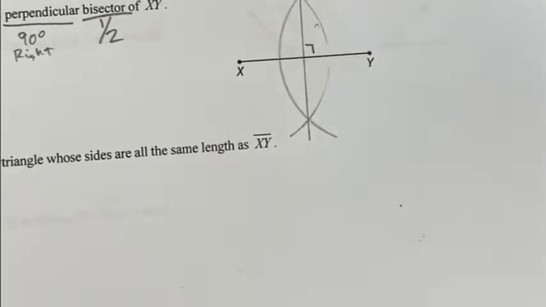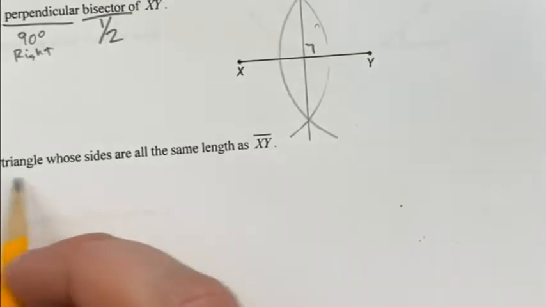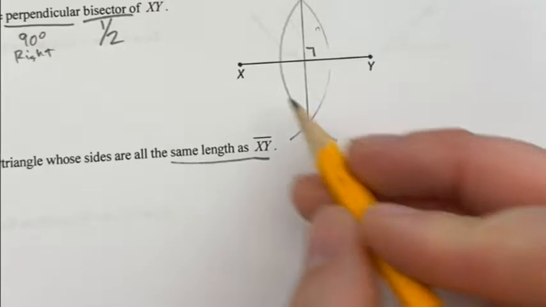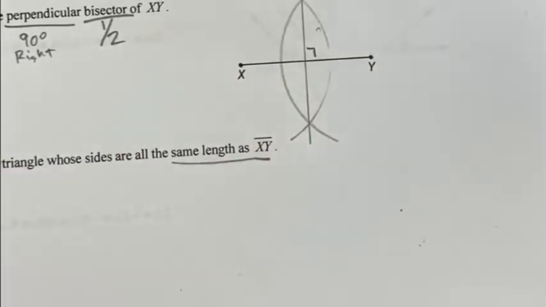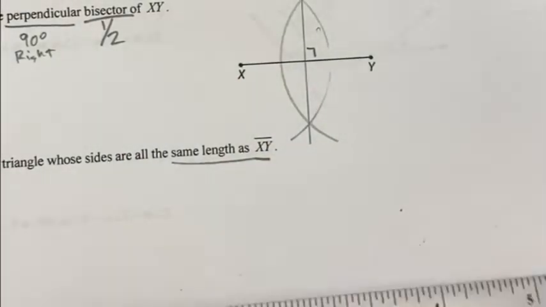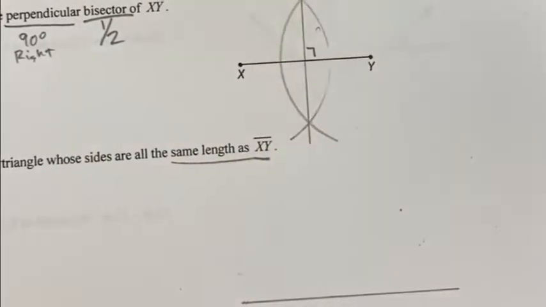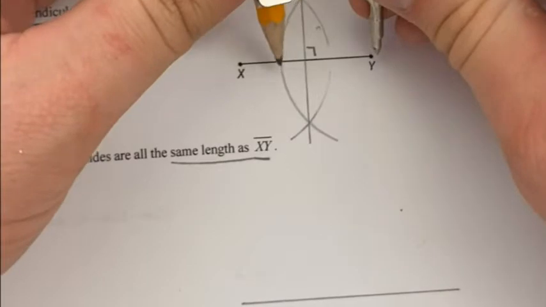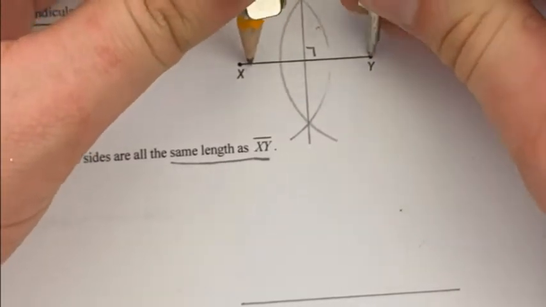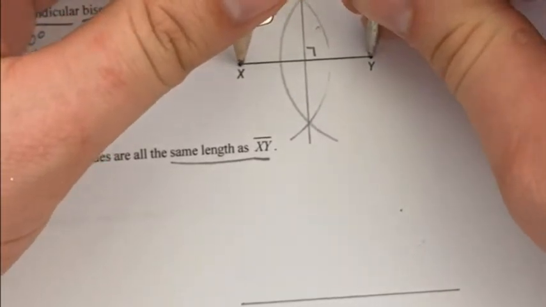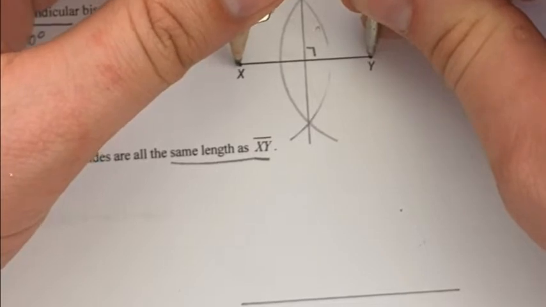It starts off with this triangle being the same length as XY. So I already showed you how to copy a line segment over. Actually, it's really easy. I won't show you the other video, you can watch it if you want to.